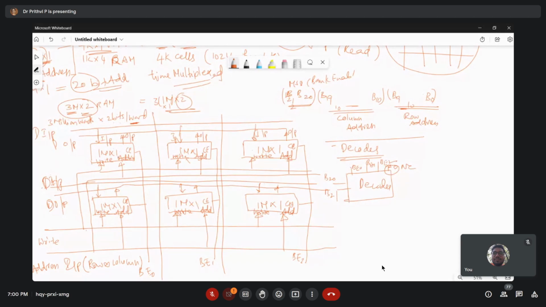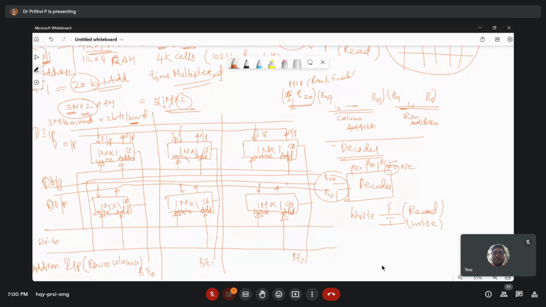With chip enable you will be addressing the bank, and the row and column address will be addressing the exact address location. The write signal decides the operation: if it is false, it is read, and if it is true, it will be writing. So these two operations, along with the enabling signal, will be performed.